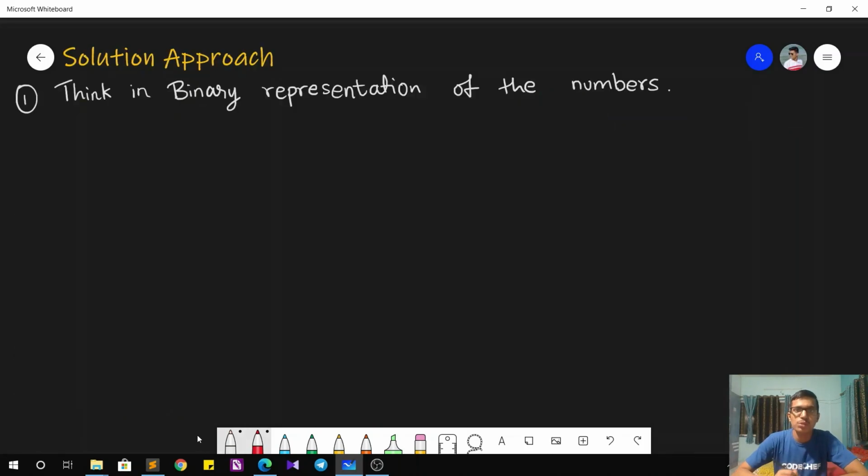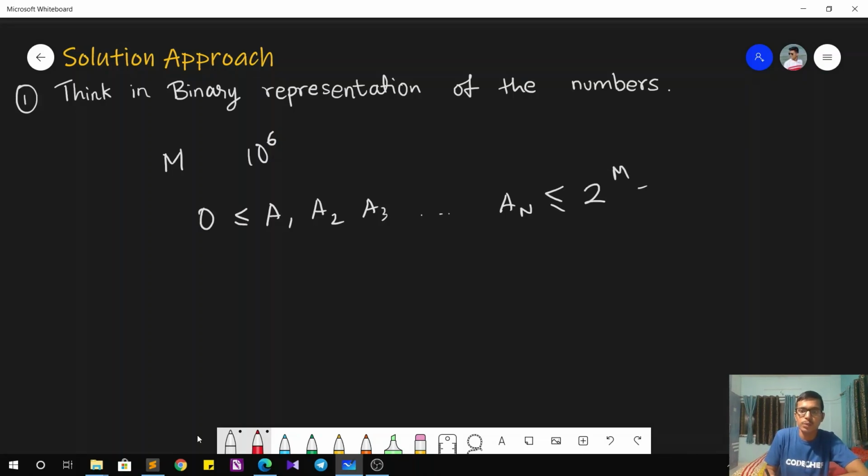The solution approach goes as follows. The most important point in this problem is that you have to think in terms of binary representation of the numbers. Why? Because m can be at max 10 to the power 6, and the numbers a1, a2, a3 up to an in our tuples can range from 0 to 2 to the power m minus 1.